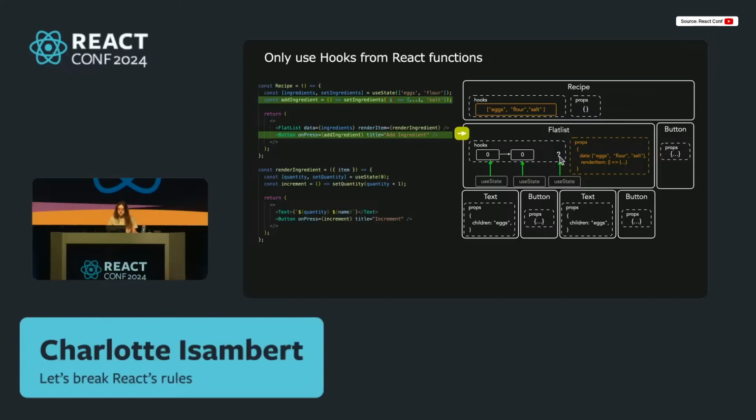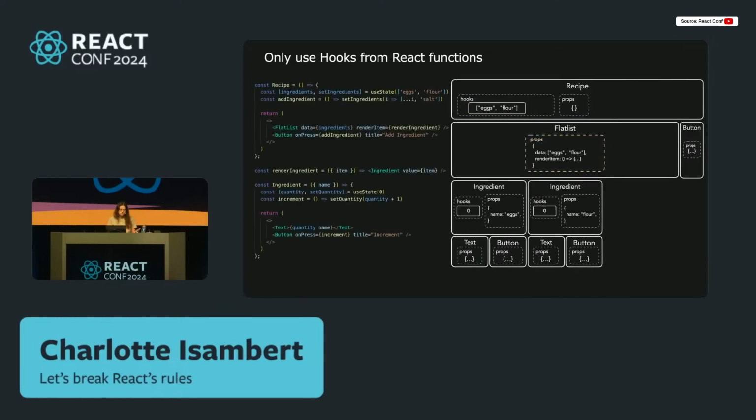So why does this work with the correct version? With the state inside a component, why does this work? When we click this button, when the FlatList is rendered, it is going to call the render ingredient function 3 times. First with eggs, then with flour, and then with salt. So it instantiates this new ingredient fiber.